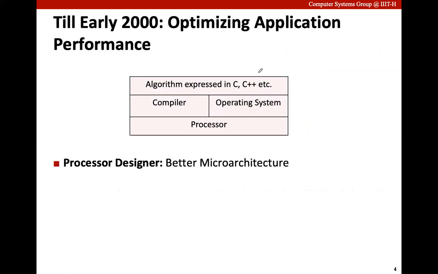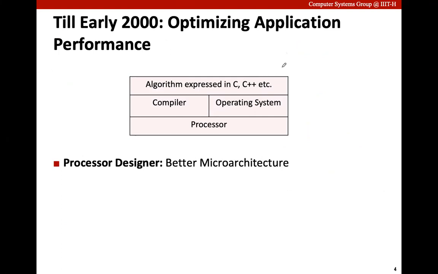But till 2000, the great thing is people were just writing programs in C++, and you just rely on the compiler to automatically translate the C++ code into machine code in such a way that the ILP is maximized.